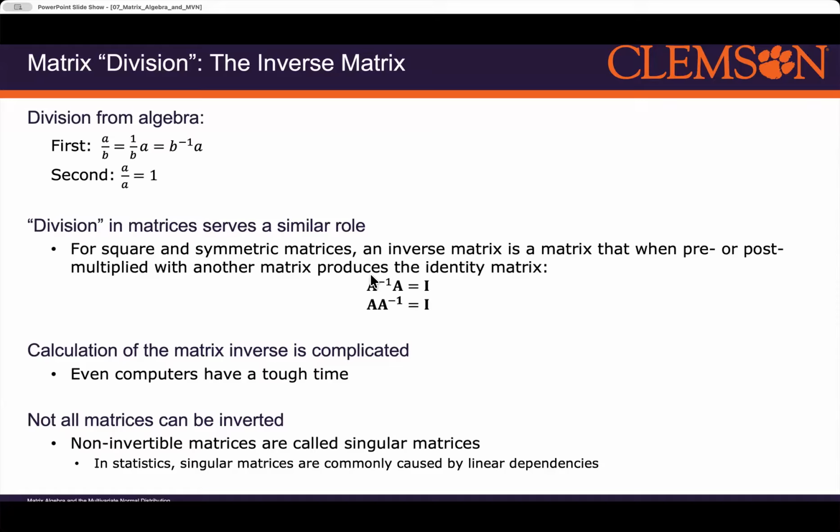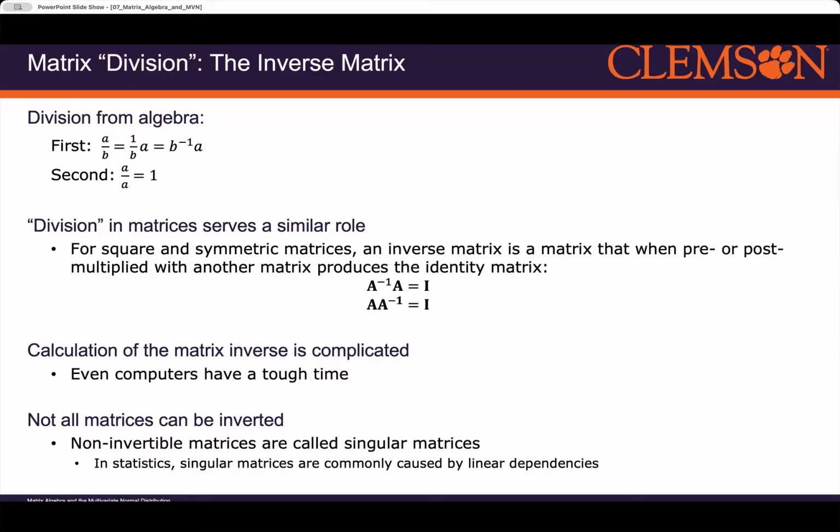If a matrix cannot be inverted, it's called a singular matrix. In statistics, we often see singular matrices when, for example, we have a correlation matrix of variables that are linearly dependent. Remember, we made that definition before. Say we take SAT math, SAT verbal, and SAT total and put them in a correlation matrix.